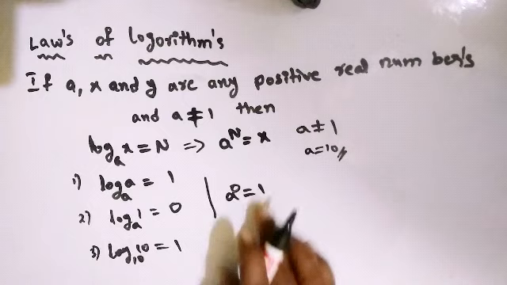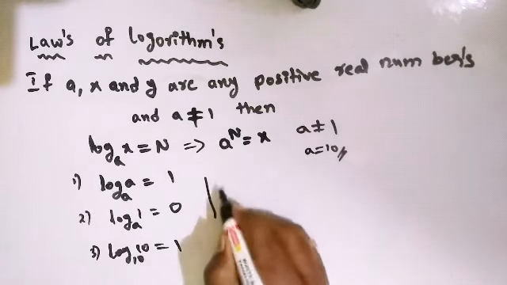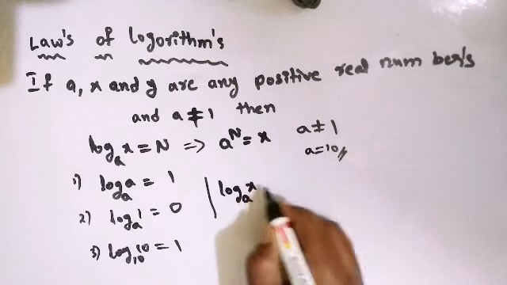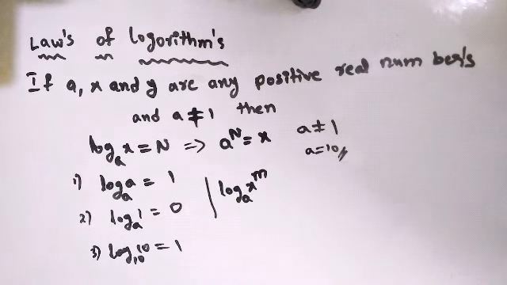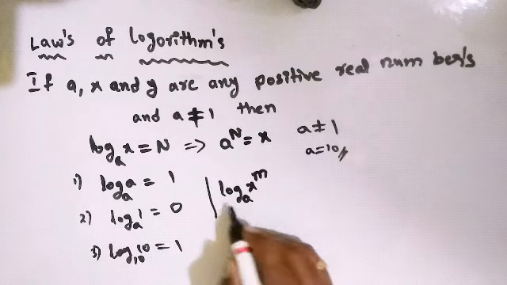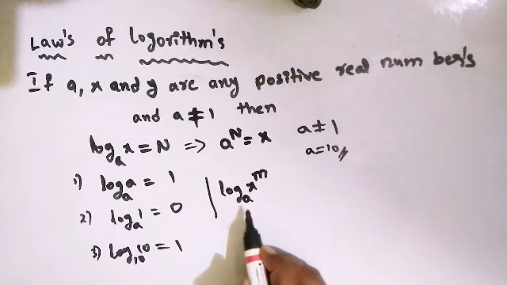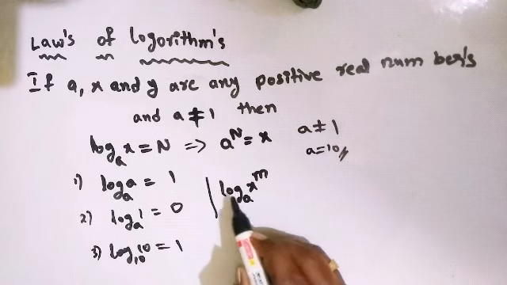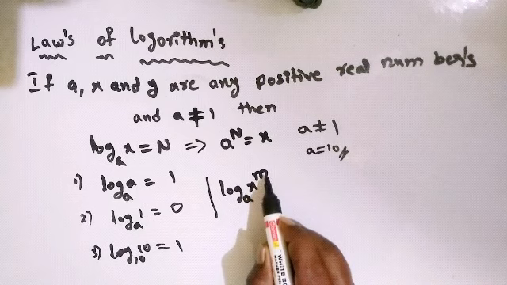Suppose log base a of x power m is there. To pronounce this base a we get some disturbance, so just forget about the base and say log x power m.